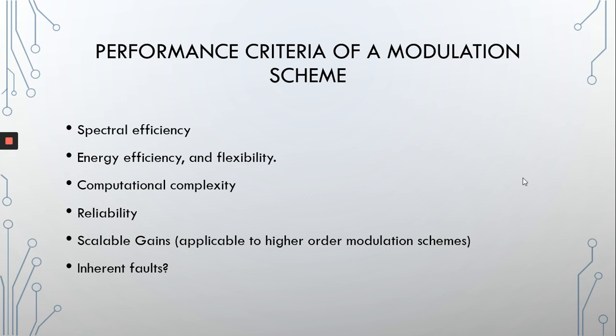This is very important, where things actually matter. Does the system have any inherent faults? Does it come with any constraints that you simply have to deal with? All of these determine how well we can perceive, or how well we can think of the performance of a novel modulation scheme.